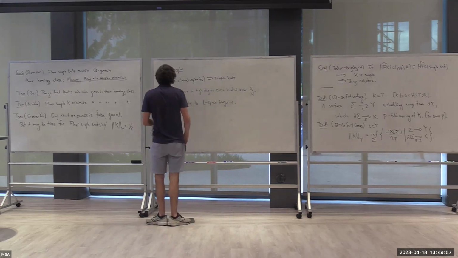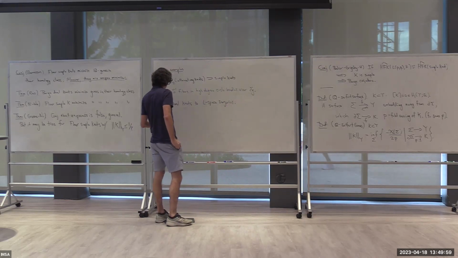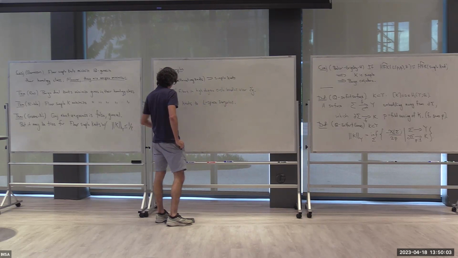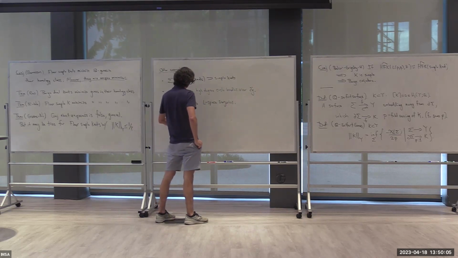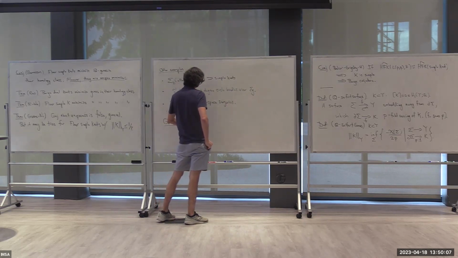Okay, so I don't know what the classification is, but I'd like to establish it, so we should understand Floer simple knots better.